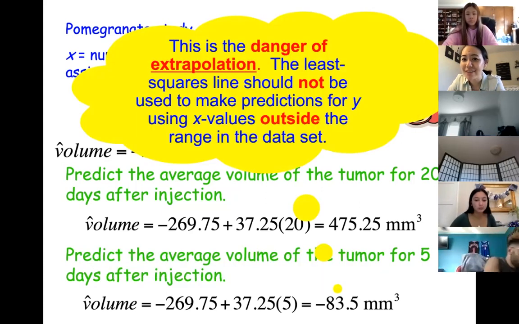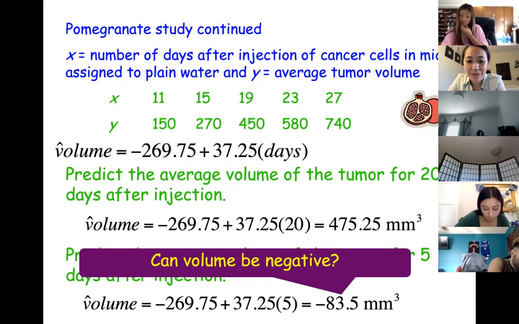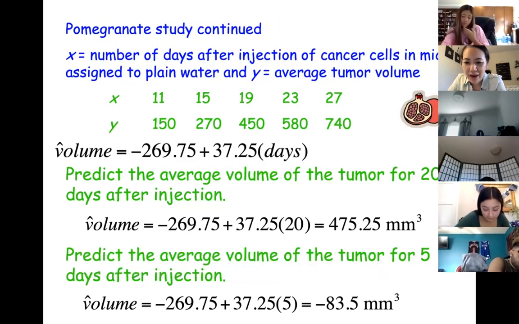Now, the reason why this line kind of failed to predict at 5 is what's known as the danger of extrapolation. Why this is an example of that is because if you look at our data, our X values range from 11 to 27.